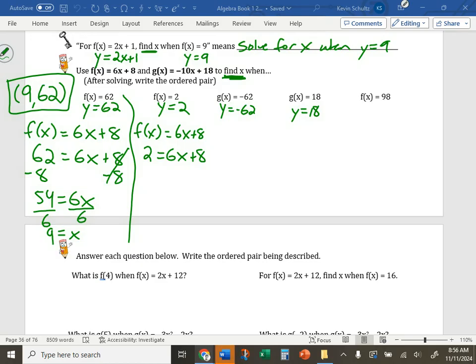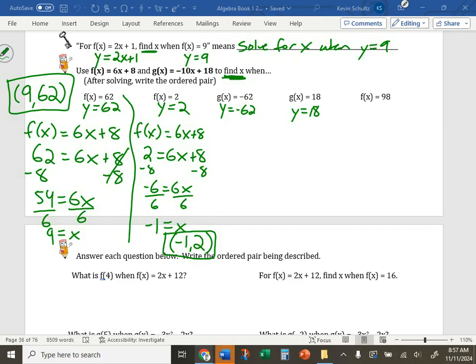Again, opposite operations. Subtract 8 from both sides. Negative 6 equals 6x. Divide both sides by 6. Negative 1 equals x. The ordered pair being described here is negative 1, positive 2.